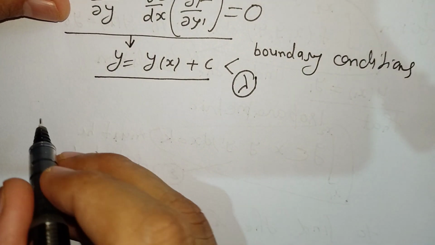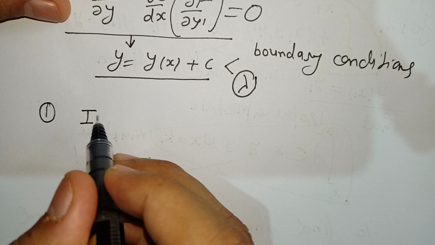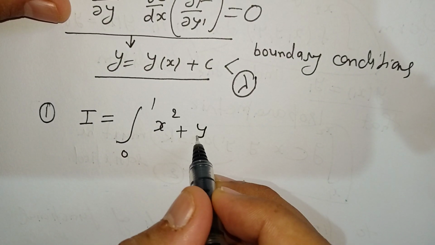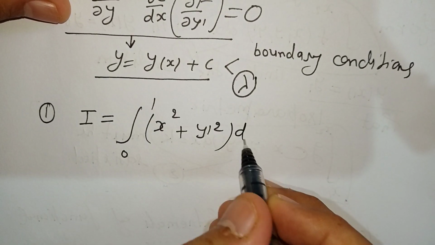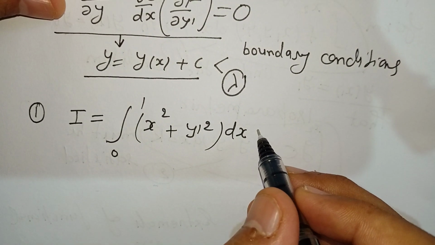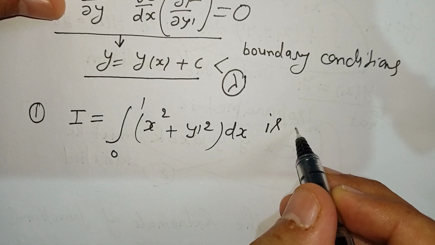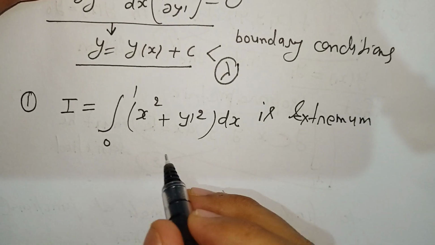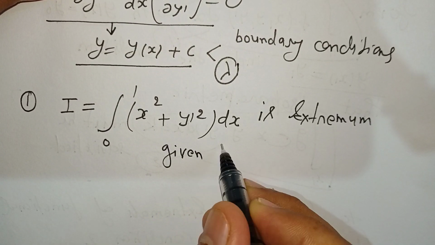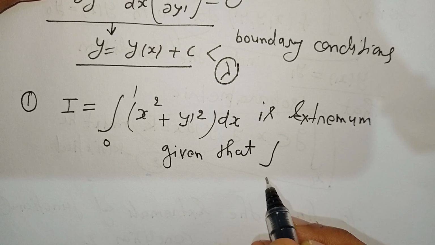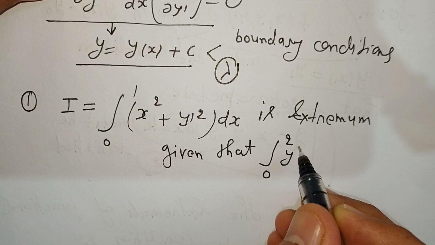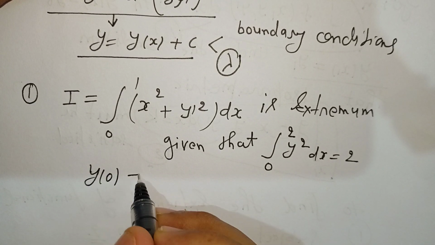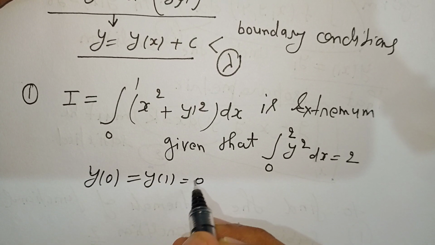So first we have the problem: I equal to integral 0 to 1 of x square plus y dash square dx is to be extremized, given that integral 0 to 1 of y square dx equal to 2 with the boundary condition y(0) equal to y(1) equal to 0.